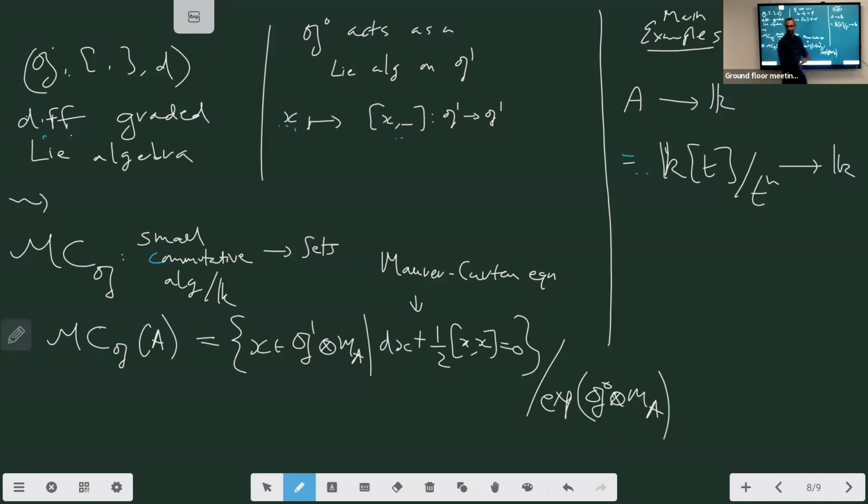That's the data of a K[t] mod t^n point of my space. Here the maximal ideal is just generated by t, so it's something very concrete.